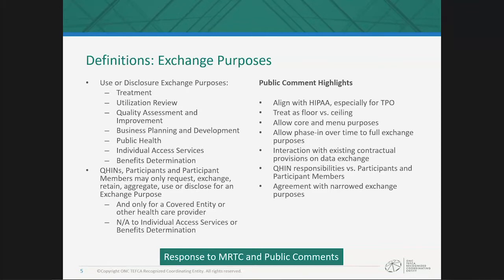And so there's treatment, utilization review, quality assessment and improvement. I am reading this to you. Business plan development, public health, individual access services, and benefits determination. So a very robust set of exchange purposes.